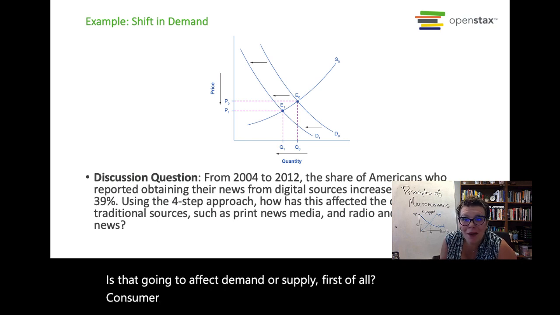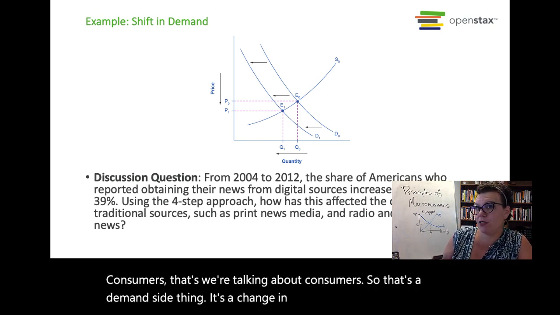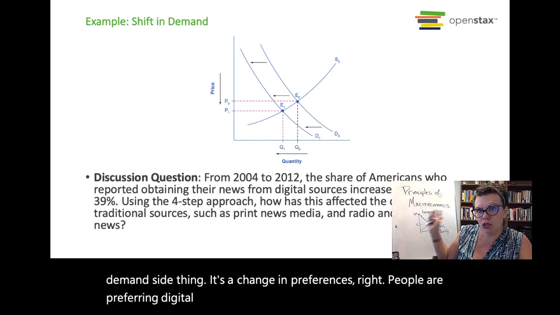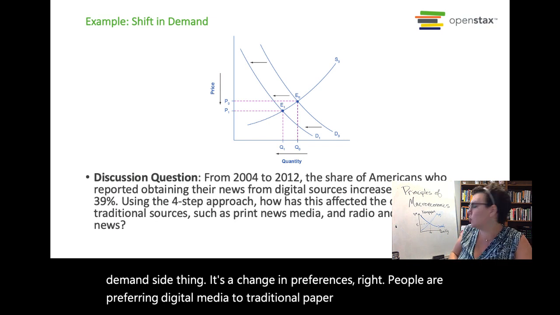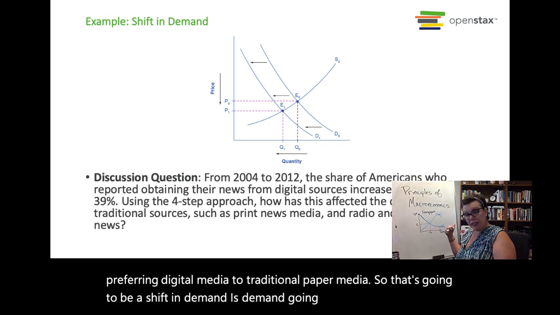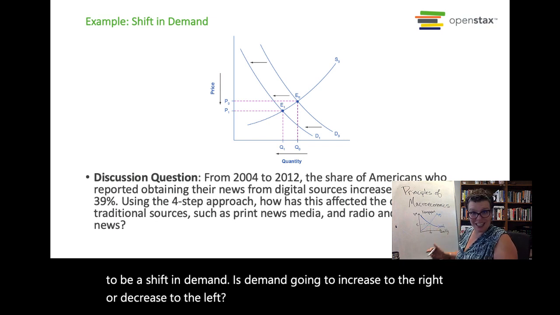Consumers. We're talking about consumers, so that's a demand side thing. It's a change in preferences, right? People are preferring digital media to traditional paper media. So that's going to be a shift in demand. Is demand going to increase to the right or decrease to the left? It's going to decrease.